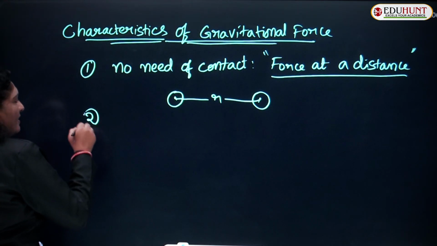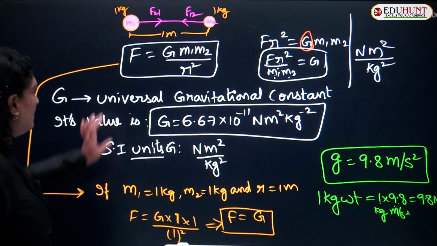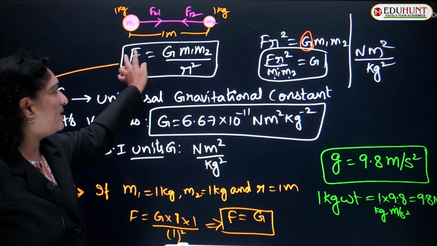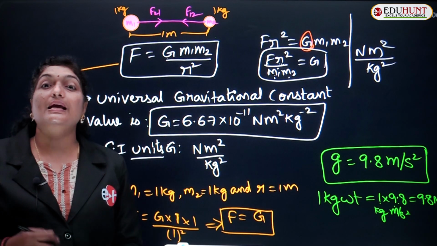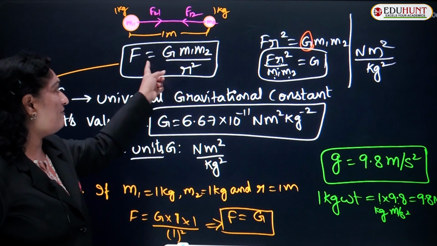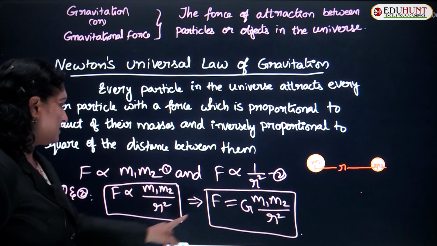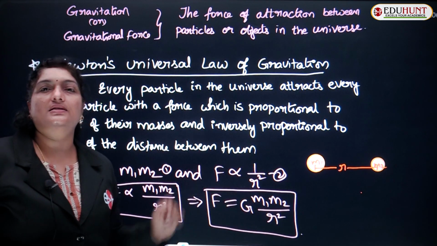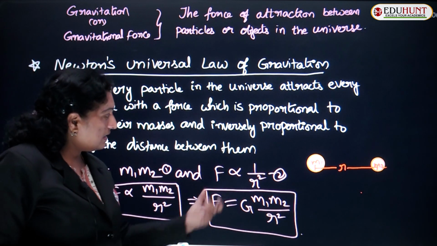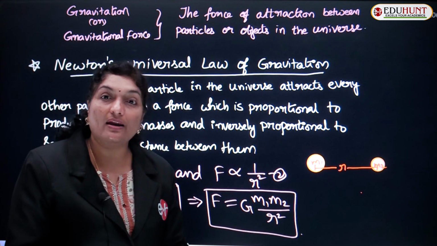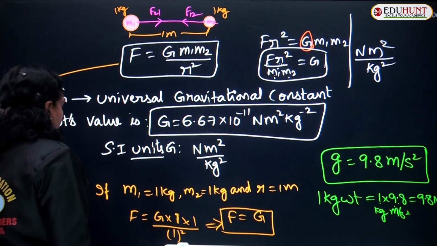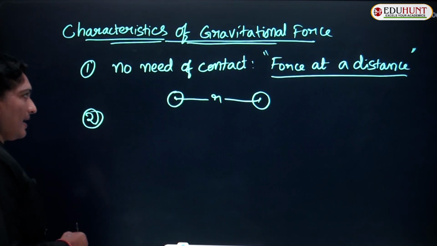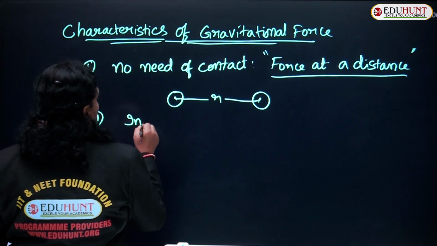Moving to the second one, as we have observed, this force and the distance between the two bodies are inversely related. F is inversely proportional to the square of the distance between them. Hence, the second characteristic is the inverse square law.